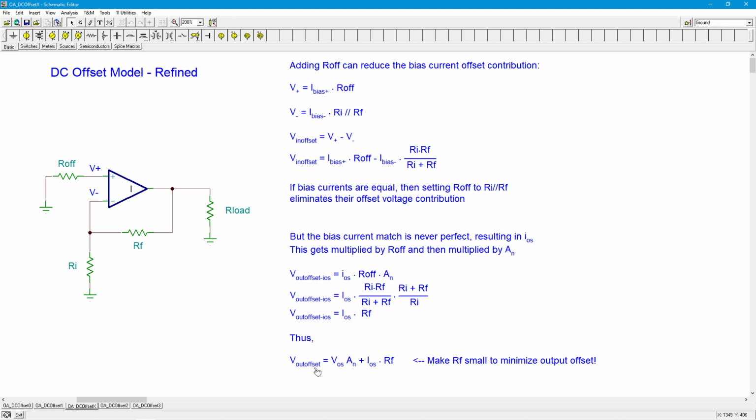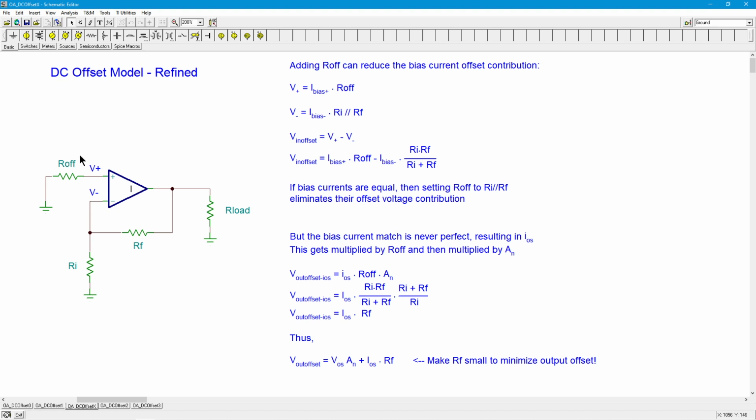So the total output offset would be the VOS piece, in other words, VOS times the noise gain, plus IOS, the input offset current, times RF. That's the total. Those are your two pieces. So to make a minimal value, the smallest possible value statistically, because it's going to vary from device to device, to head toward that best case, what we do is two things.